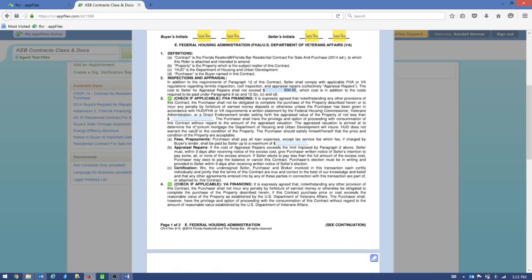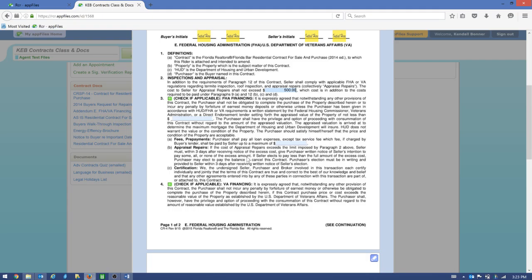The next part of this is appraisal repairs, this paragraph here. So if the cost of appraisal repairs exceeds the limit imposed by paragraph 2, so it's greater than your $500, seller must, within 3 days after receiving the notice of the excess cost, give the buyer written notice of their intention to pay some, all, or none of the excess.